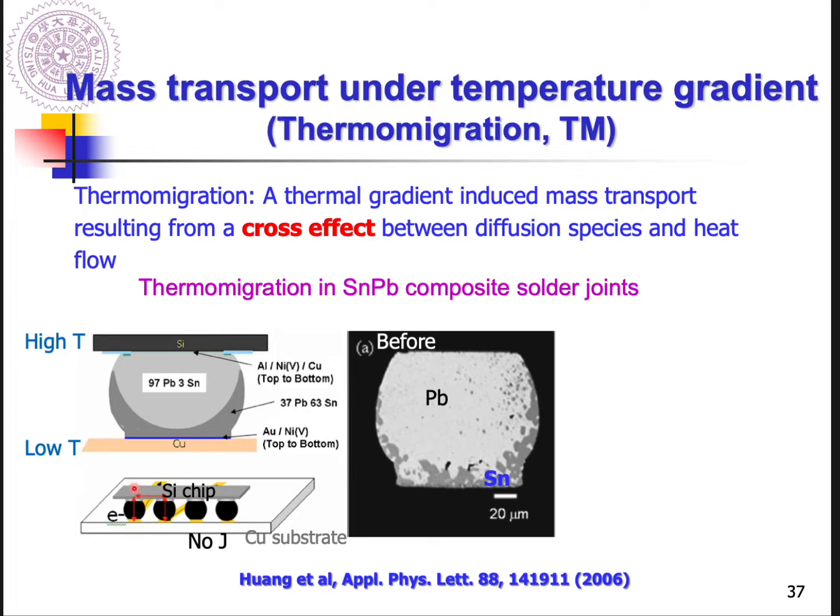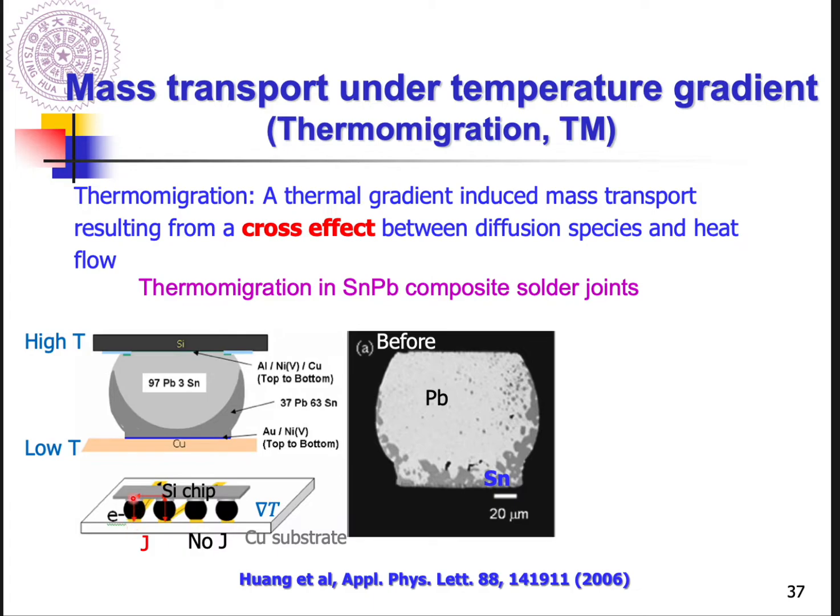Because the current density here is higher than here, more heat is generated at the silicon chip side than at the copper substrate side. So that will cause a temperature gradient between these two, applied on this solder bond.